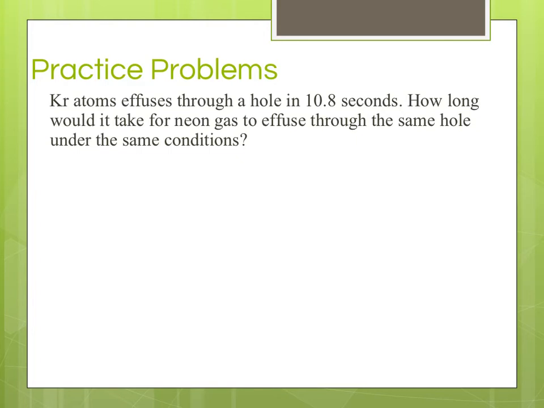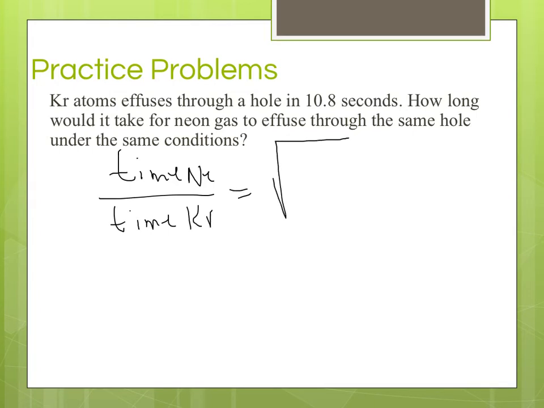Now the time we don't know is neon, so we're going to put the time of neon to effuse at the top, and we're going to put the time for Kr to effuse on the bottom. And then for that we're going to do the square root of, remember that's straight across, so we're going to put the mass of neon on top, which is 20.179 grams per mole, and the mass of krypton on the bottom, 83.80 grams per mole.